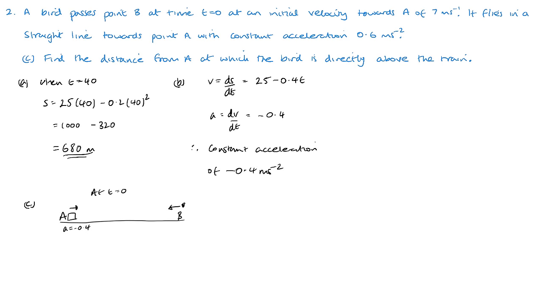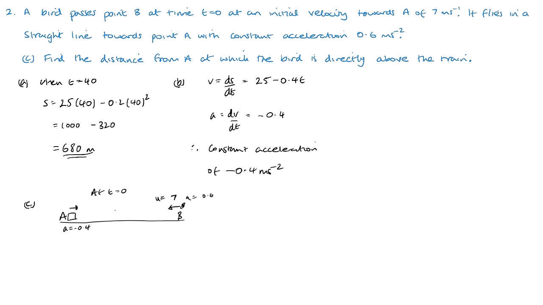I'm going to do a little dot with a couple of wings. It's travelling at 7 and its acceleration is 0.6. I'll leave it quite small for now, but you can get the gist of it.